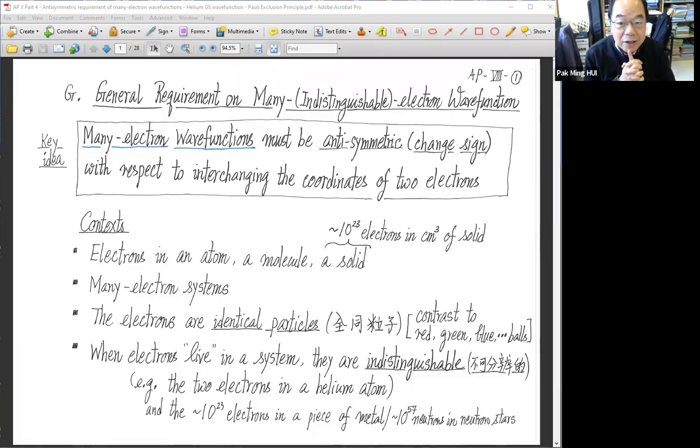Another big consequence is that because of this requirement, we will take the example of a helium excited state and look at a profound consequence, which is a selection of whether the two spins of the two electrons should tend to align or tend to cancel out each other.